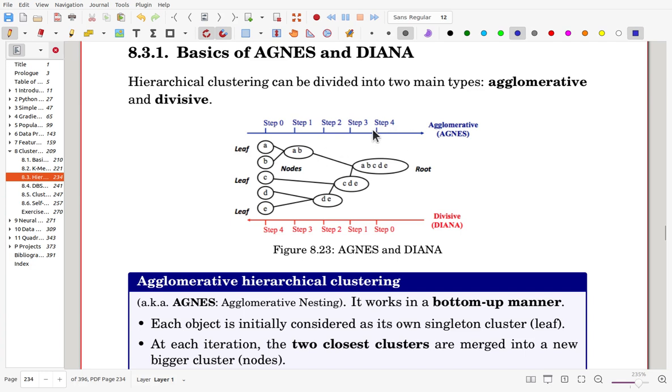If you go up to that point, then there is only one cluster. And if you go down here, then now you have 1, 2, 3, 4, 5, so that each point is a cluster. So depending on the user's interest, you may choose the level of clusters.